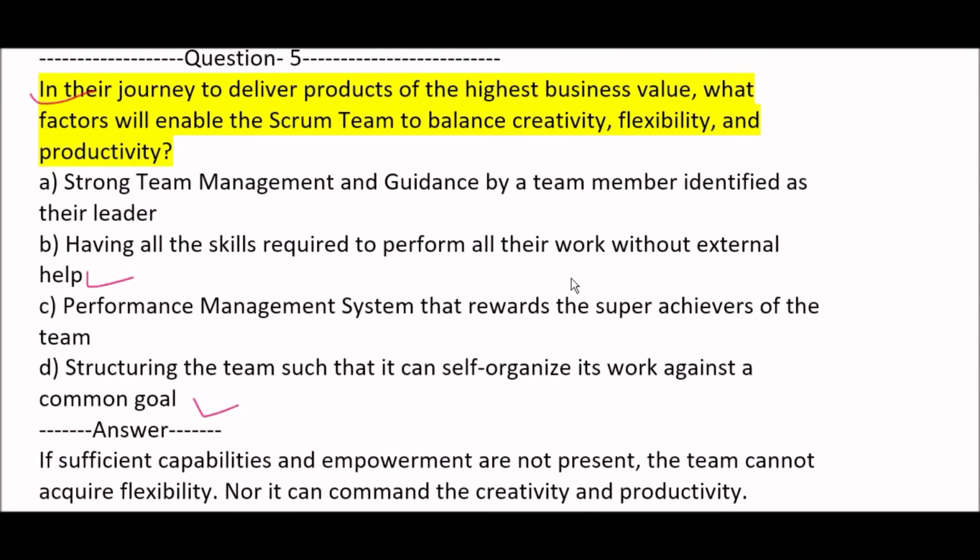In their journey to deliver products of the highest business value, what factors will enable the Scrum team to balance creativity, flexibility, and productivity? First, having all the skills required to perform all their work without external help. And second, structuring the team such that it can self-organize its work against a common goal. Okay, next question.